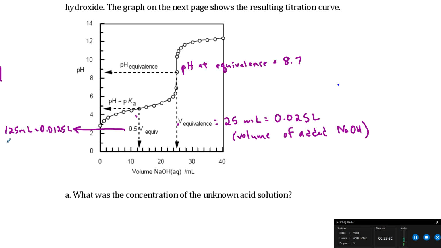And the pKa is equal to, if we go up and over to the y-axis, whatever the pH value is at that halfway point. And that pH value is about 4.8.